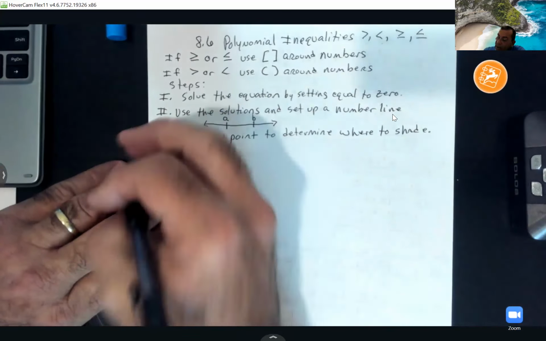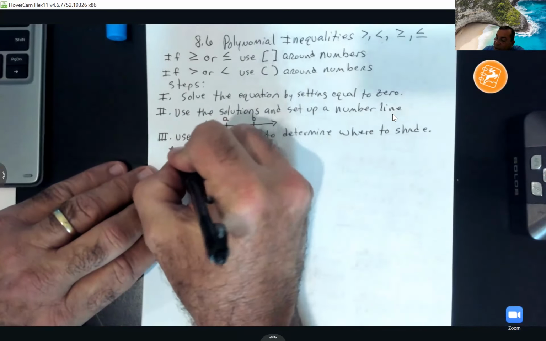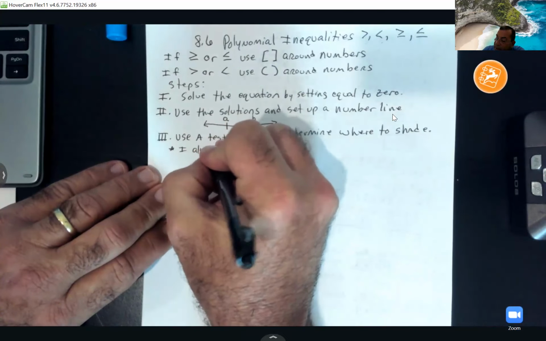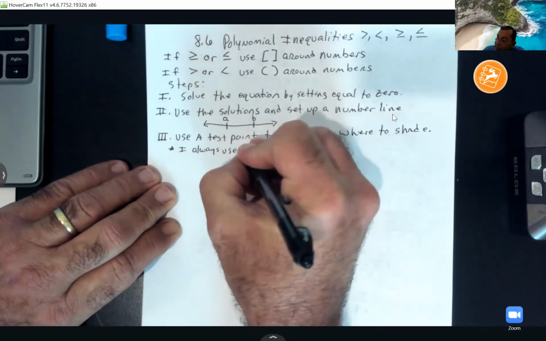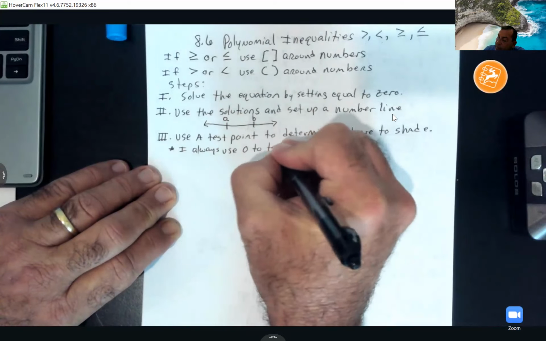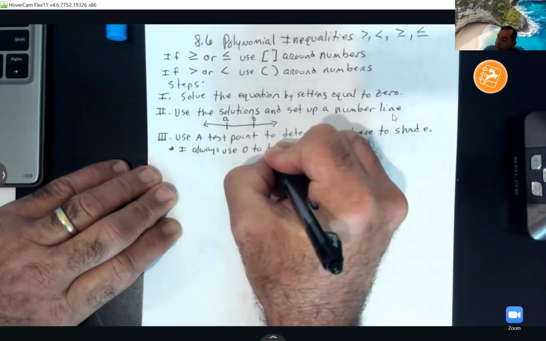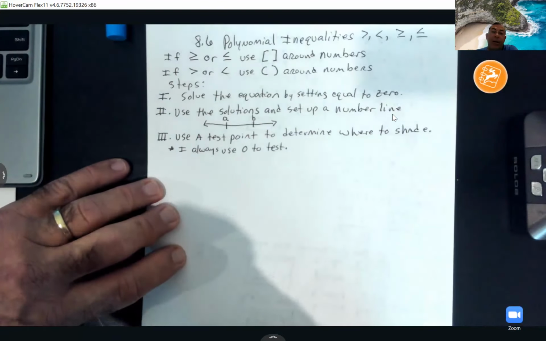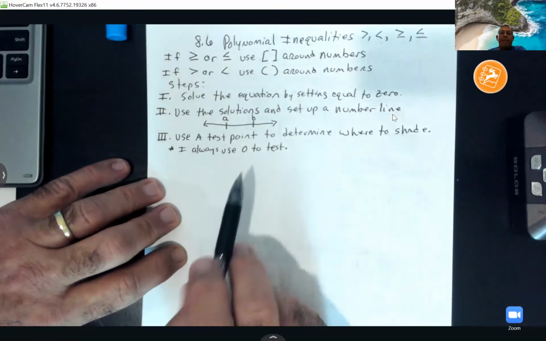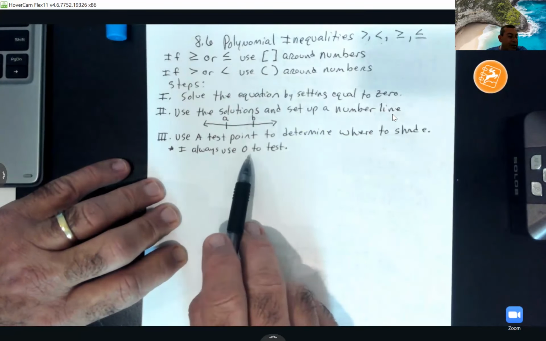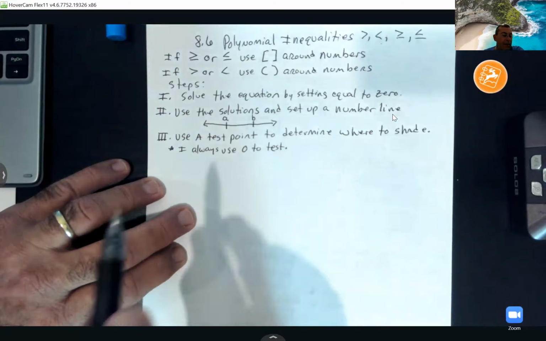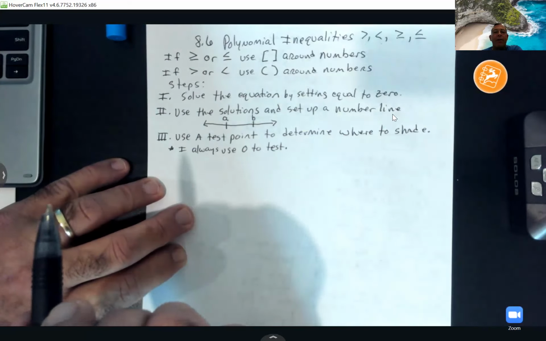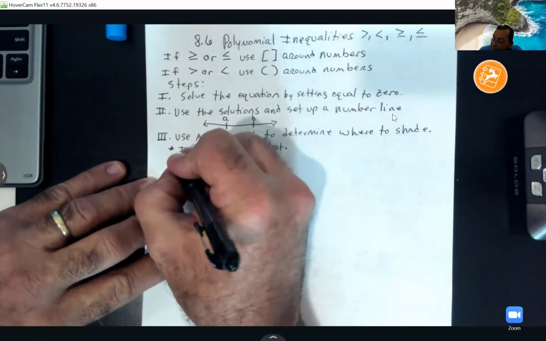So I always use 0 to test. Here's the thing. When you test 0, if it's true, you shade that area.